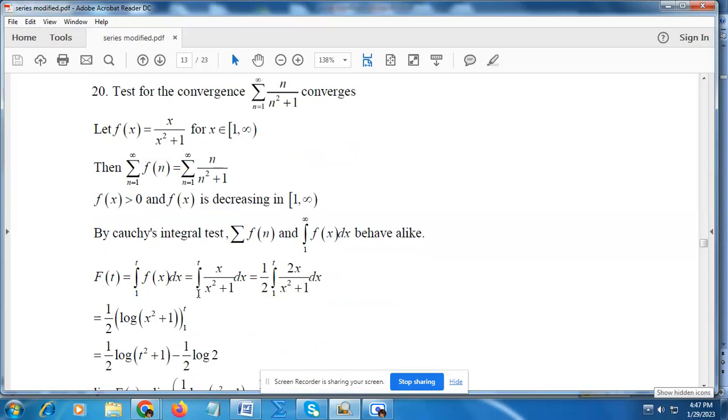Integral 1 to t f of x dx, that is, integral 1 to t of x by x square plus 1 dx.